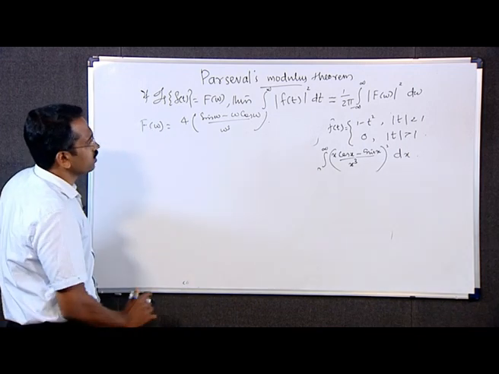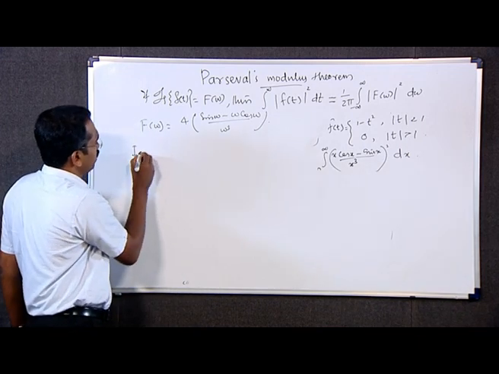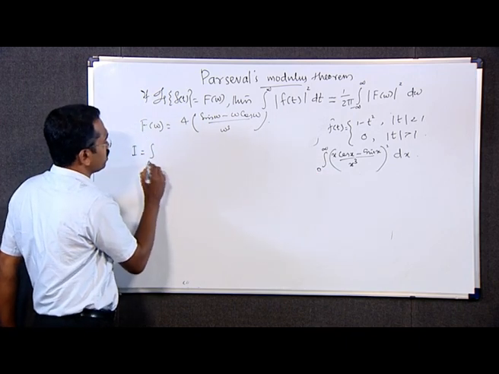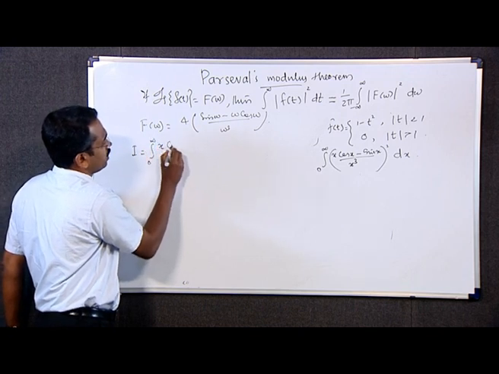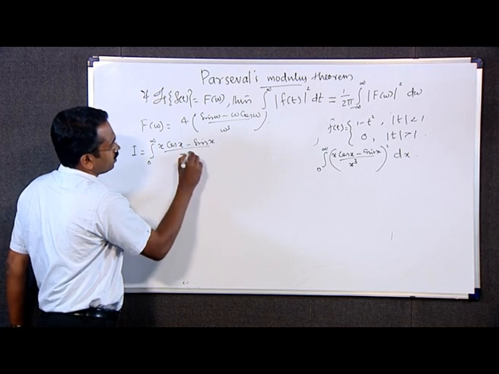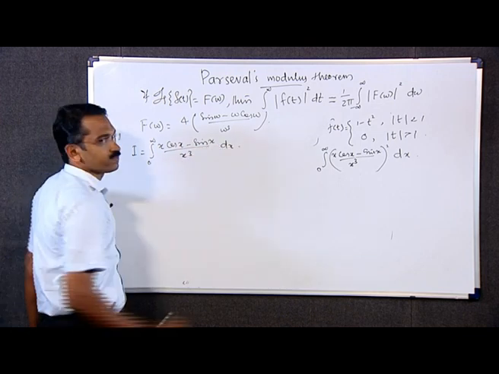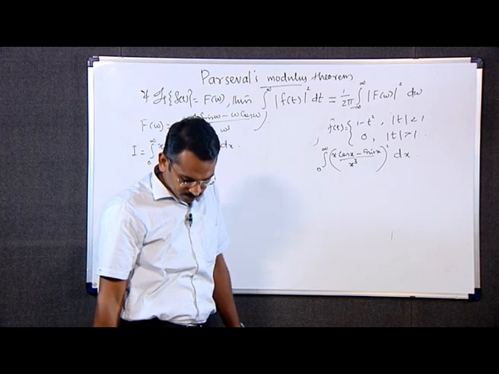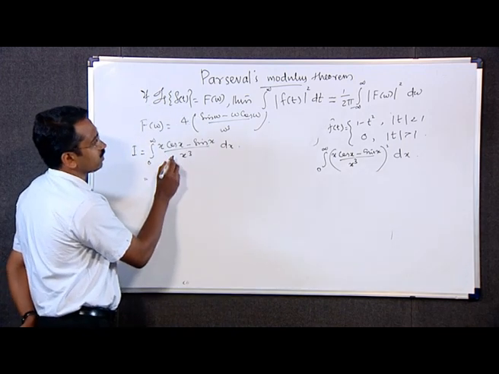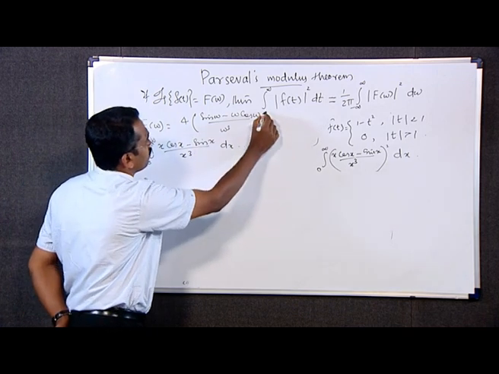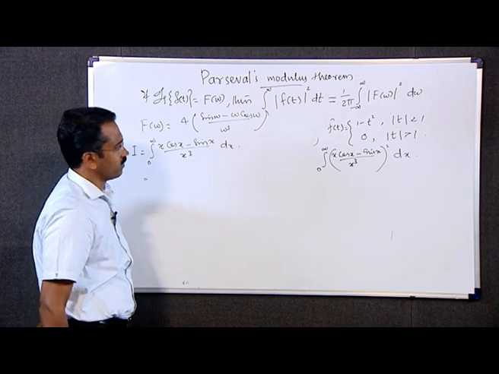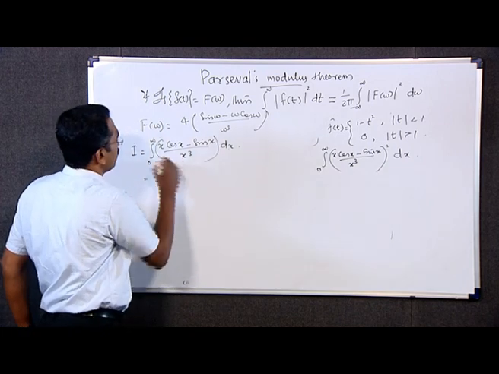Now, consider this integral, let it be I, that is I equal to integral from 0 to infinity of (x cos x minus sin x) divided by x cube, the whole square, dx.